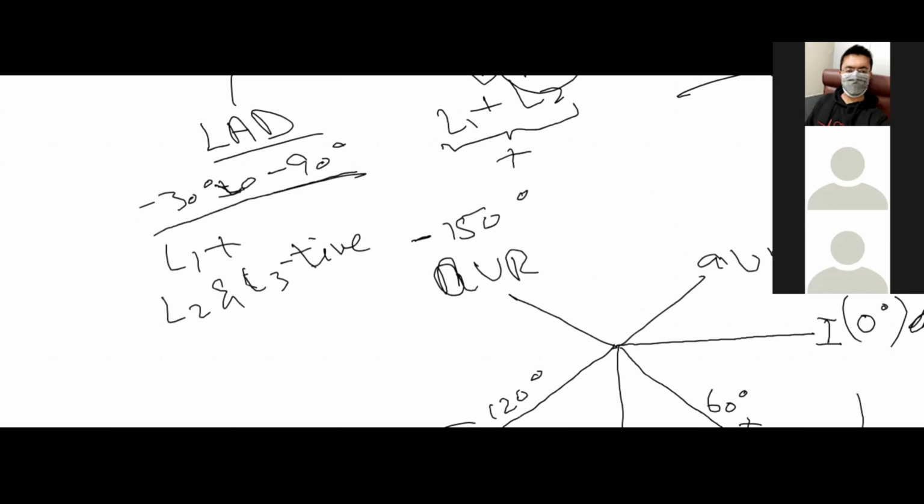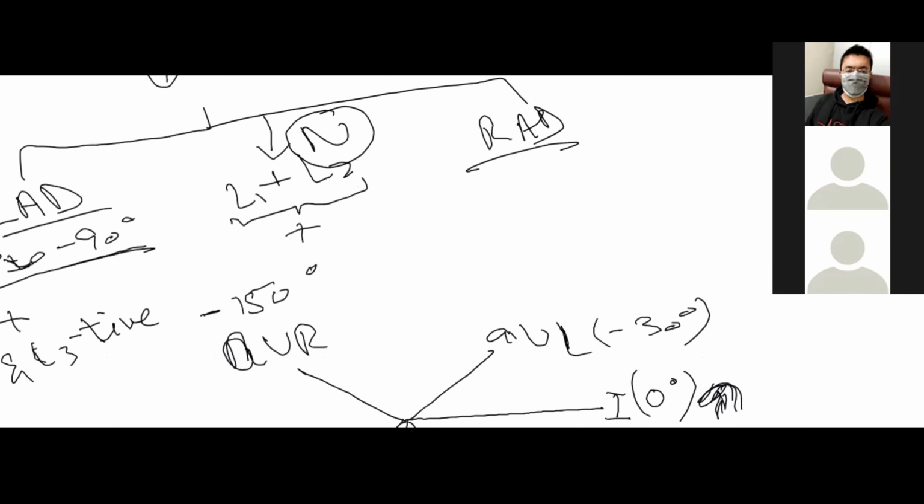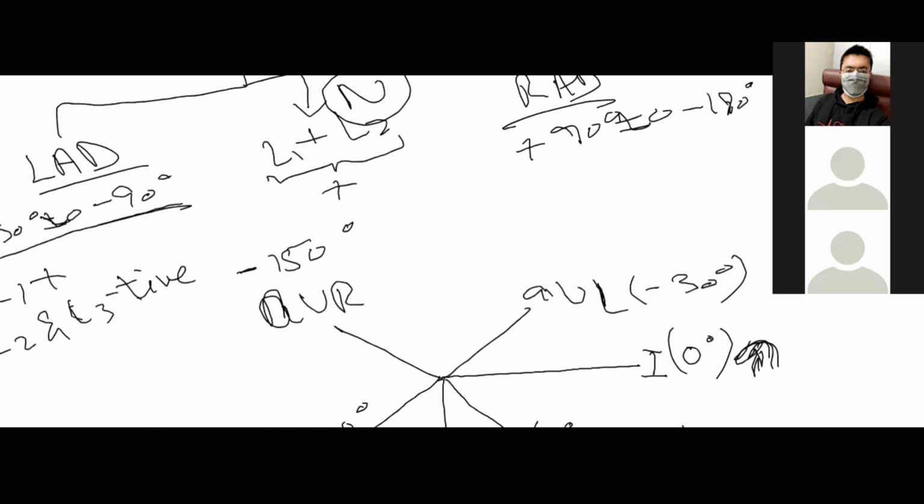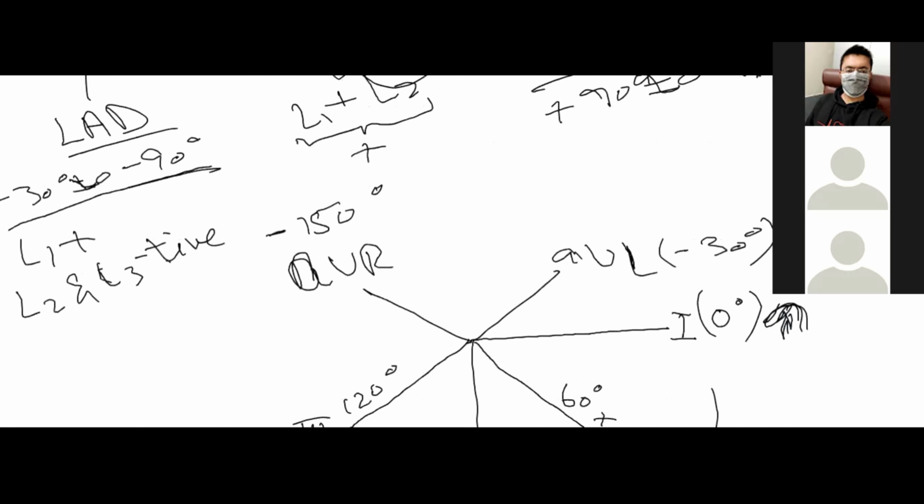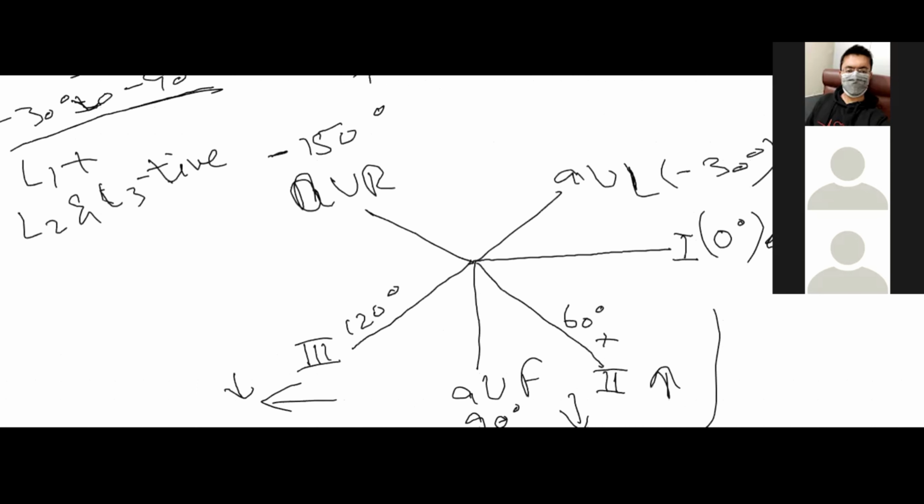Okay? What happens in right axis deviation? In right axis deviation, the heart's axis is deviated between plus 90 degrees to minus 180 degrees. So what will happen then?